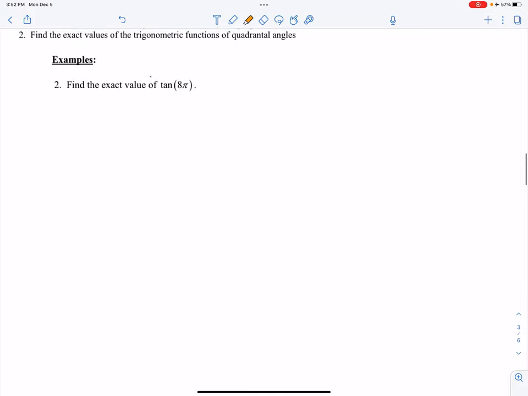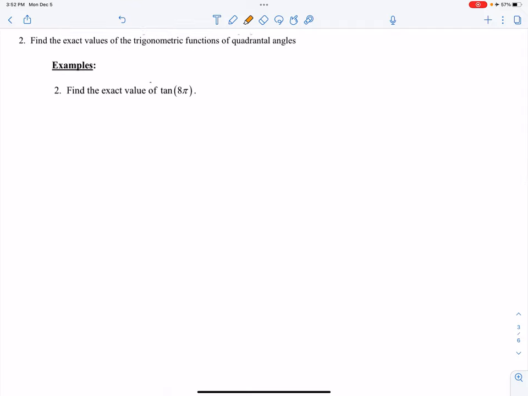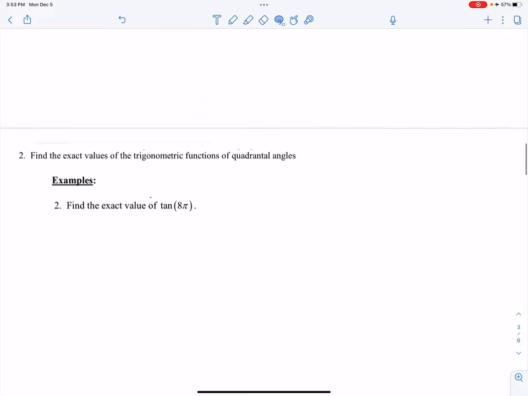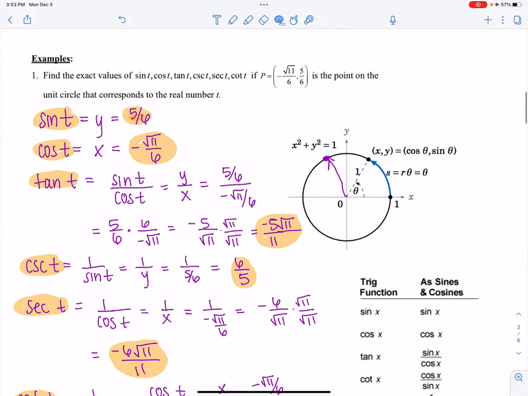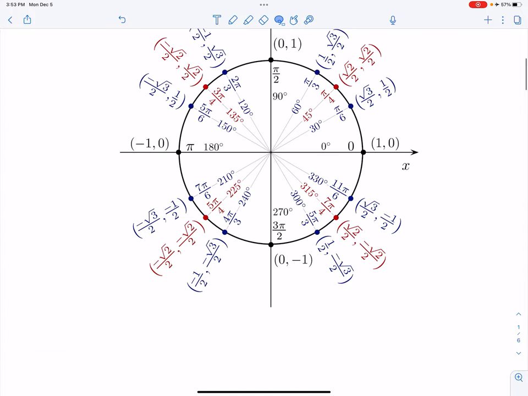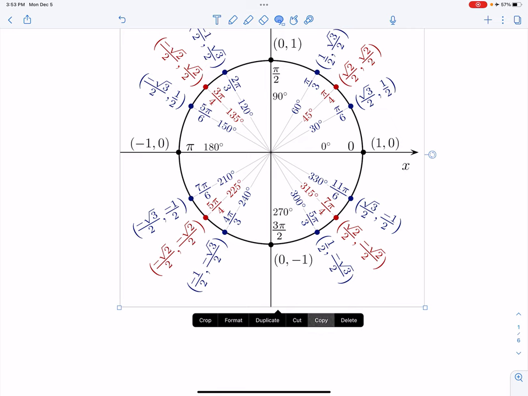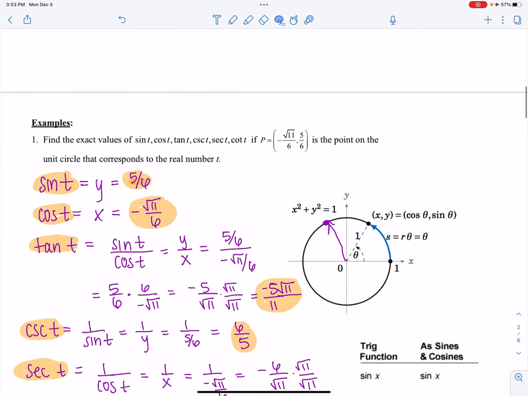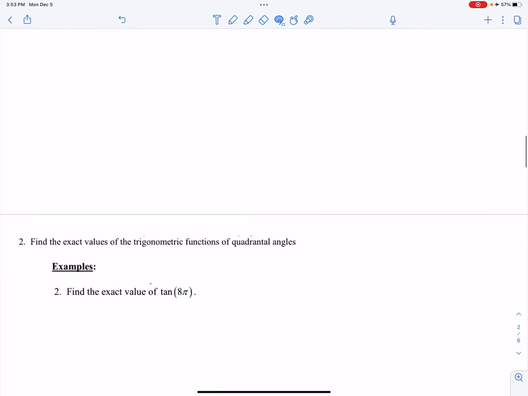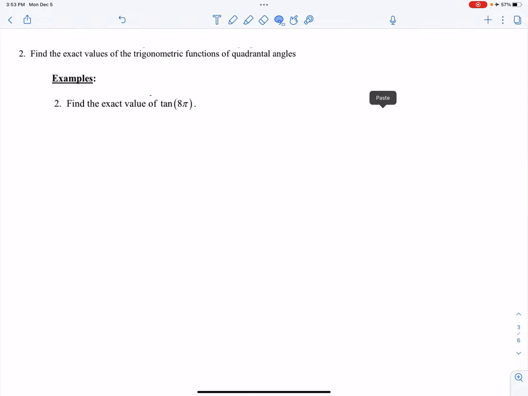We want to find the exact value of tangent of 8 pi. So if we take a look back at our unit circle, I'm going to bring the unit circle with us to this specific problem.